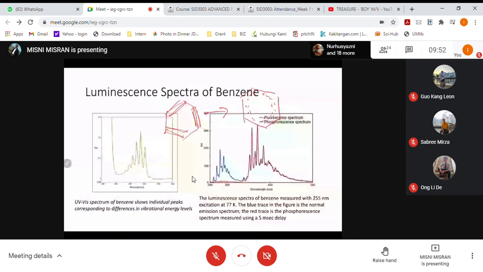If you want to get the fluorescence energy, you need to pump in around here, and obtain the fluorescence spectrum as well as the phosphorescence spectrum of your benzene. So for benzene you normally run a UV-visible spectrum, and you have this peak around 220 to 250 nanometer.